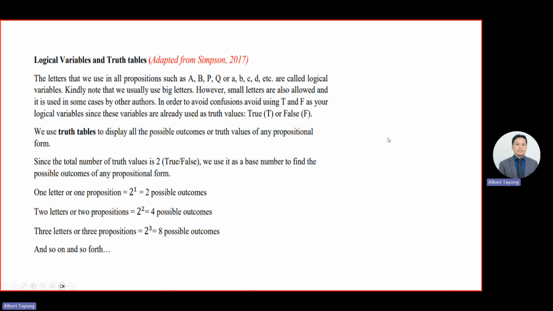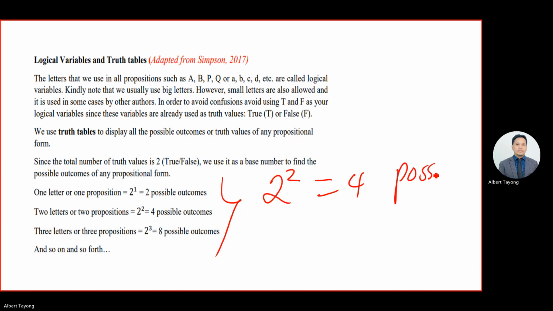Let's now proceed to the possible outcomes. It's very easy to identify the number of possible outcomes. If there are 2 letters, 4 possible outcomes. When I say letters, usually we use capital letters.